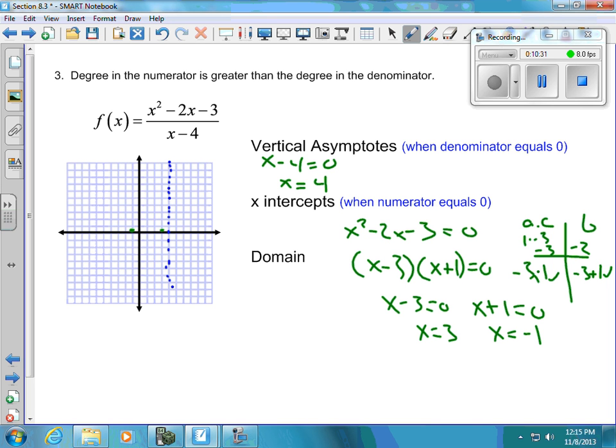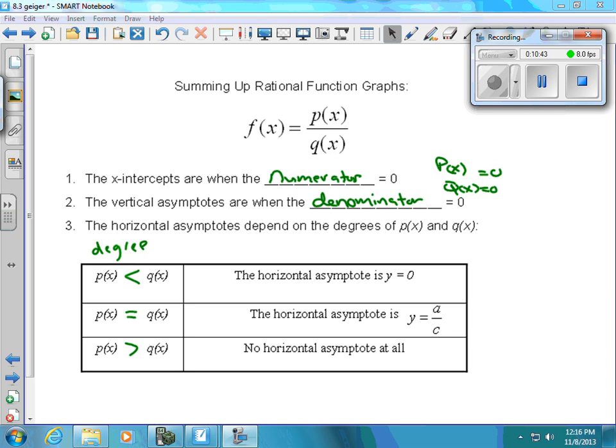Do we have any horizontal asymptotes? Well, if we look back at our chart, when the degree of the numerator is greater than the degree of the denominator, we can see in that bottom part of the chart, it means there's no horizontal asymptote.